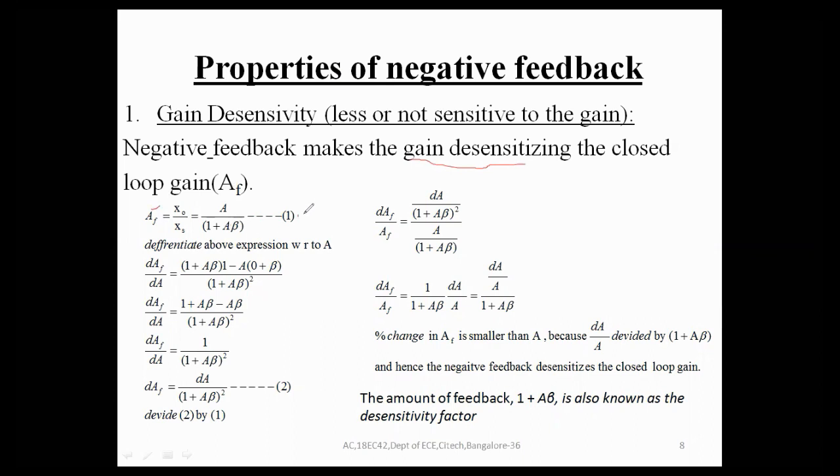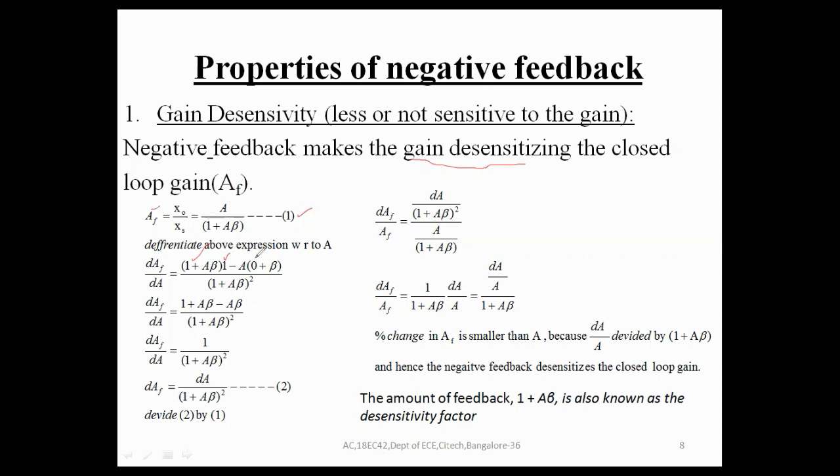This is equation number 1. Differentiate this expression with respect to A. dAF by dA equals denominator times the differential of the numerator, which is 1, minus numerator times the differentiation of the denominator.